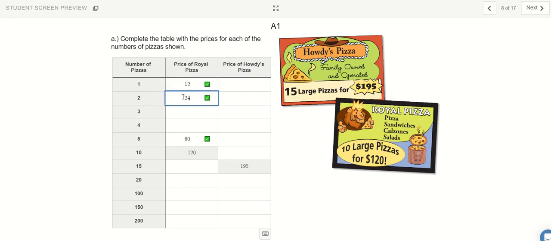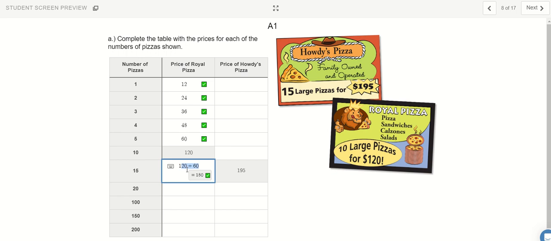I can double this to get 2 pizzas, triple it: 12 times 3 is 36, 12 times 4 is 48. I can keep multiplying to figure out the other prices. How can I get 15? Notice that 10 and 5 make 15, so I'm going to add the cost of 10 and the cost of 5. 120 plus 60 is 180. So 15 pizzas cost 180.